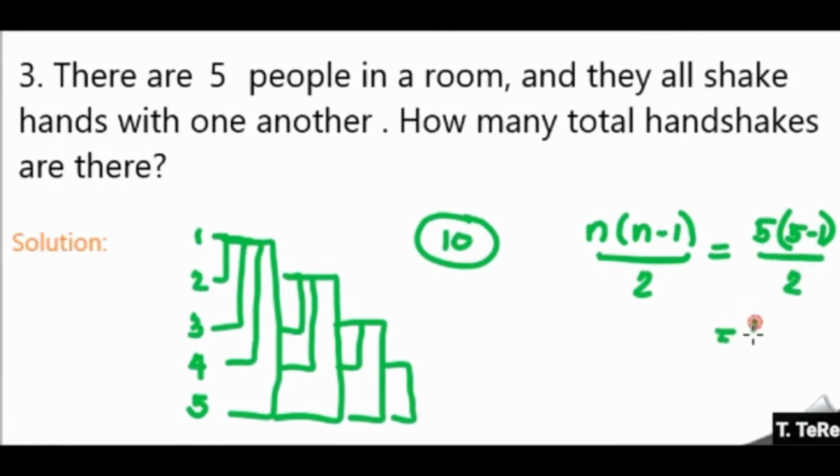Then copy 5 again. 5 minus 1 is equal to 4. Then 5 times 4 is 20. Divide by 2, which is equal to 10. Same answer siya. Mas okay yung formula na to if, for example, marami yung binigay na number of persons and mahirap siyang i-drawing. So, much better if you will use this formula.